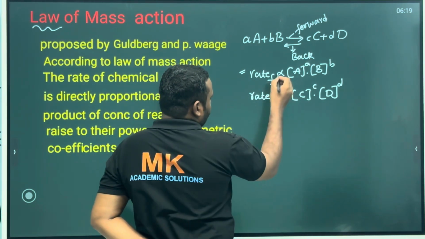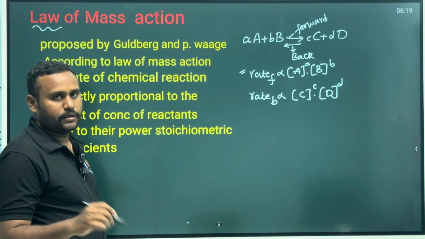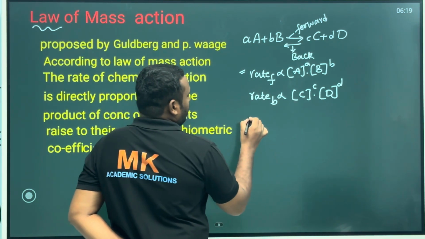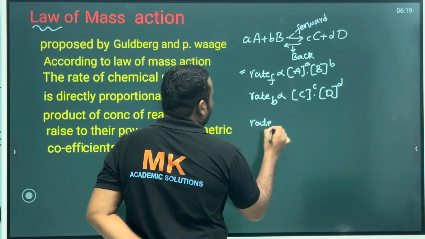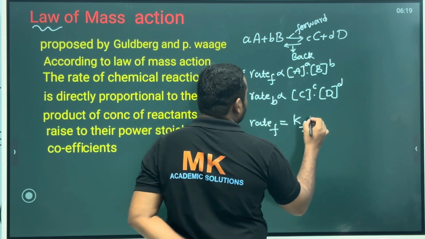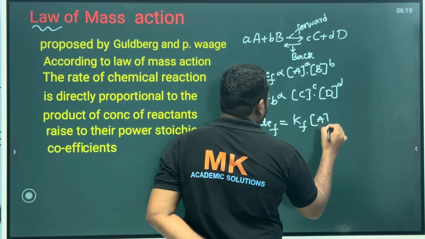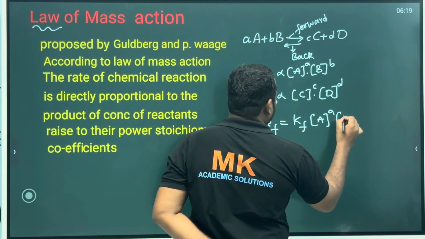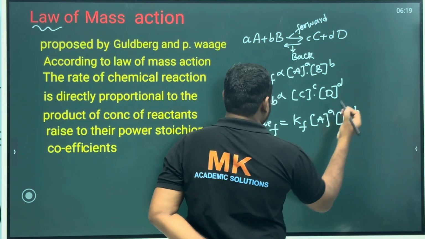Now, to remove this proportionality we are going to introduce constants. Rate forward is equal to the rate constant of the forward reaction, Kf, into concentration of A power a, concentration of B power b.